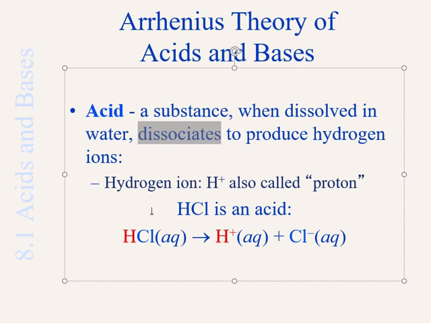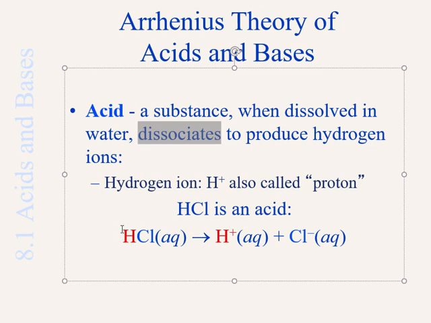Many of the acid compounds have their chemical formulas begin with the H, which ultimately ends up being dissociated, but not all the time, as we will see. Now, H+ is also called a proton because if you recall, a hydrogen atom has a proton in it and an electron.